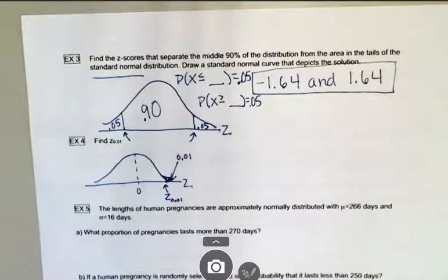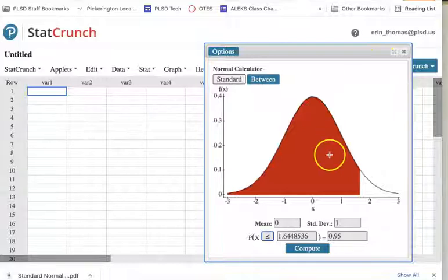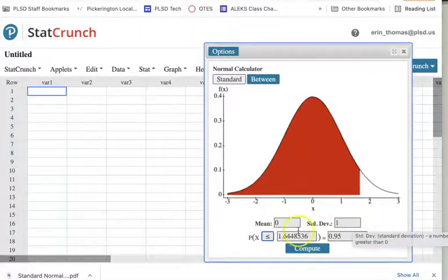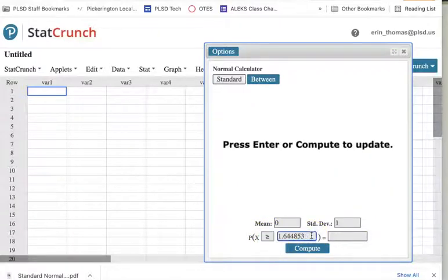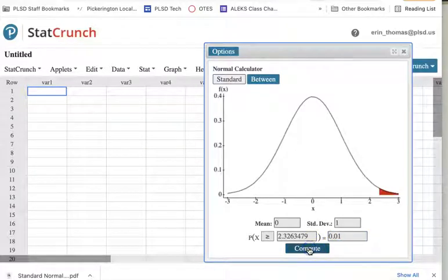So this also is a working backward type. So in StatCrunch, mean 0, standard deviation is 1. I'm going to do greater than or equal to. I'm going to leave this blank because that's what I'm looking for, and I'm going to type in the area 0.01 and click compute.